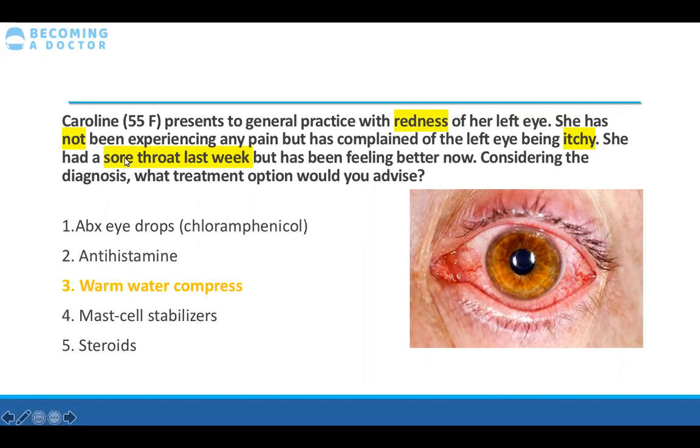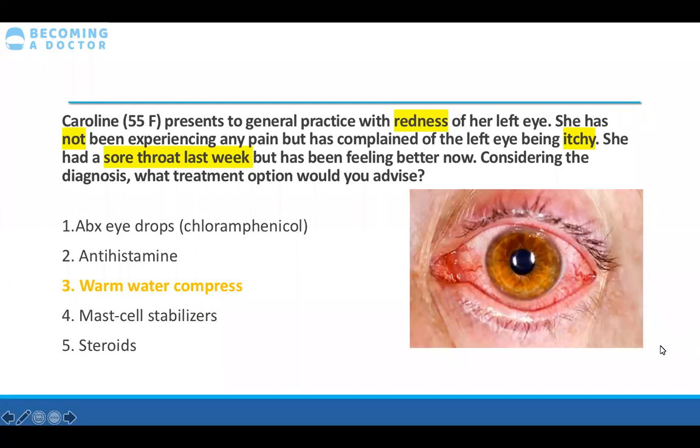And had she not had a sore throat, possibly if the question mentioned that during some season she gets worse or during this time of the year, you might be thinking of allergic conjunctivitis, but there was no indication of that. Warm water compress. So for viral conjunctivitis, the treatment would just be symptomatic. And in general, you would advise them of good hygiene, so that means not sharing towels, etc., and a warm water compress alleviates the symptoms, and that's why that's the option.